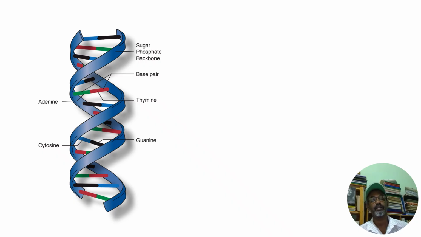And the horizontal bars, you see green and red here, also black and I think green. The horizontal bars are made by complementary base pairs that are joined through hydrogen bonding: adenine with thymine and guanine with cytosine. We shall come to the chemistry of DNA later on.